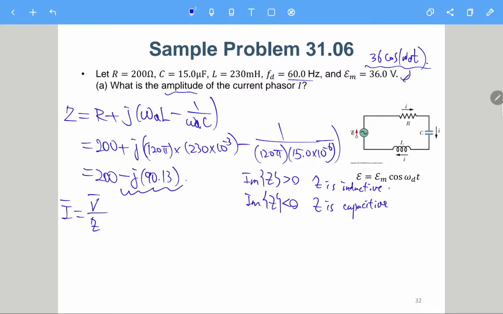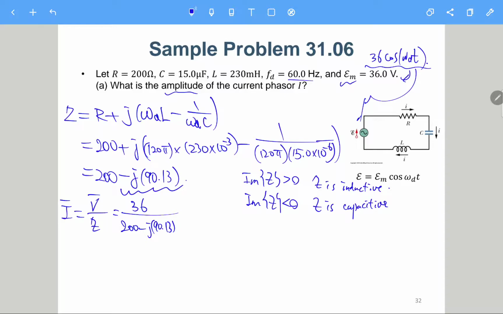Actually, like this. E_m is just the amplitude. The whole E is like the sinusoidal function, and of course I is nothing but 36 over 200 minus j 90.13.